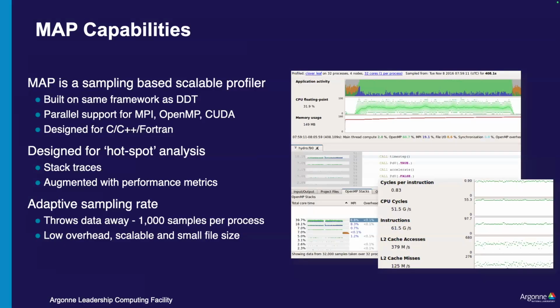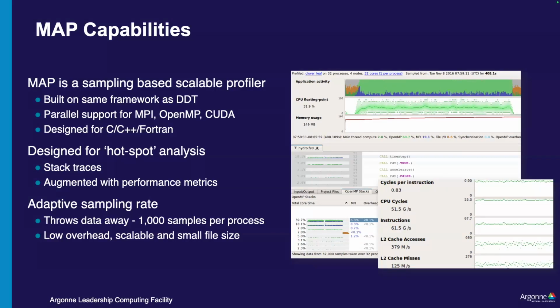Then we have map. And so we talked about the colors previously, but the main point here with map is that it samples on a time base. So your x-axis is time, and so if your application runs for say 3 hours, you would see on the x-axis that whole 3 hours, and then on the y-axis is what those processes are doing over the run of your application.